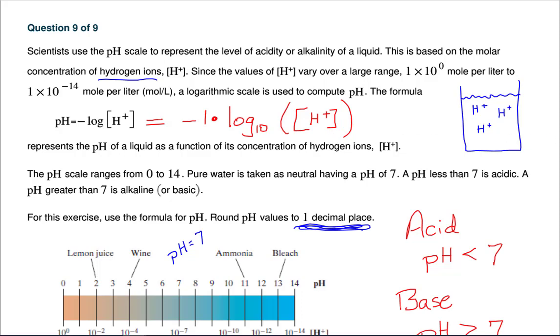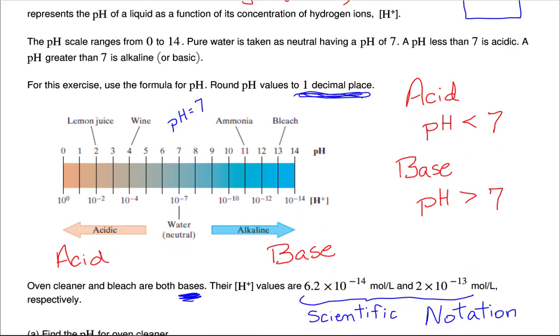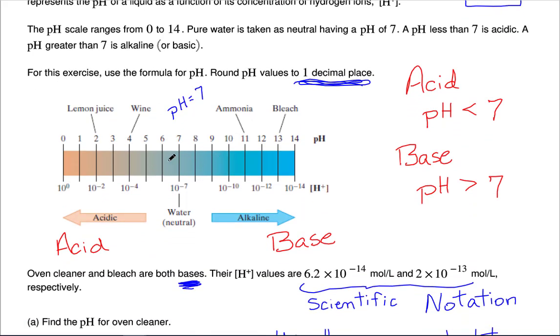And if we scroll down to look here, we see a pH scale. The pH scale goes from 0 up to 14. The number in the middle is 7, and that's considered neutral, and that's water. So pH of 7 is neutral, which is water.